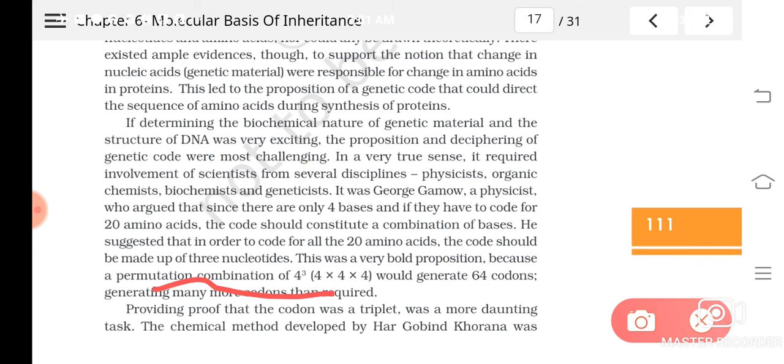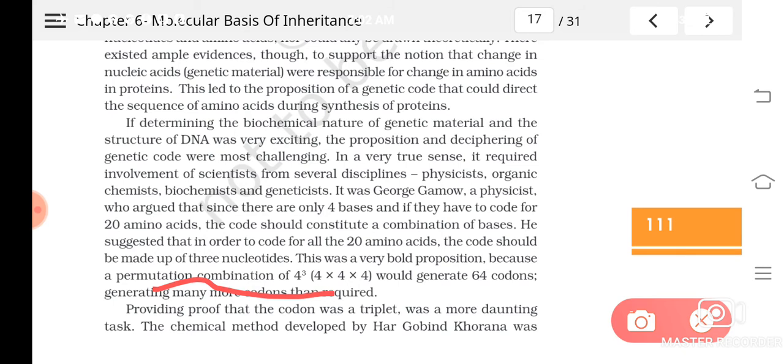Here, 3 letters will code for one amino acid. So during translation, the synthesis of the polypeptide chain takes place in the ribosomes, after reading the information of the RNA.